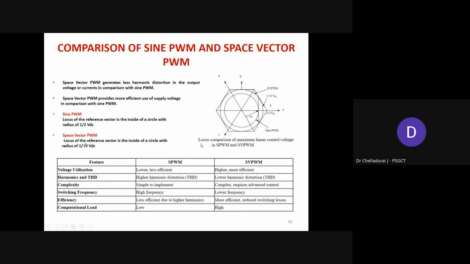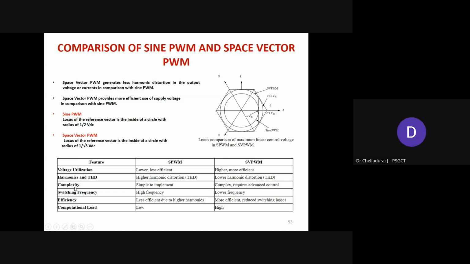Compared to the SPWM technique, the space vector pulse width modulation technique offers very good DC bus utilization. Second, the harmonic content present in space vector pulse width modulation, especially the lower order harmonic content, is less.